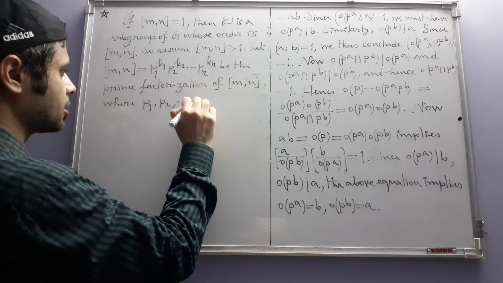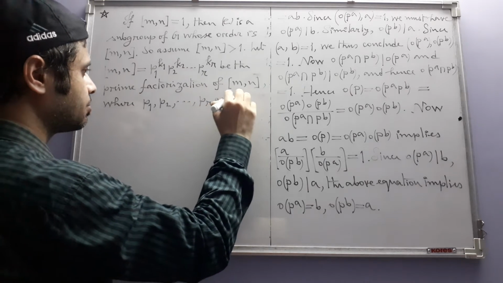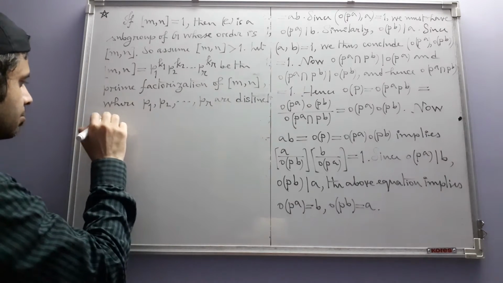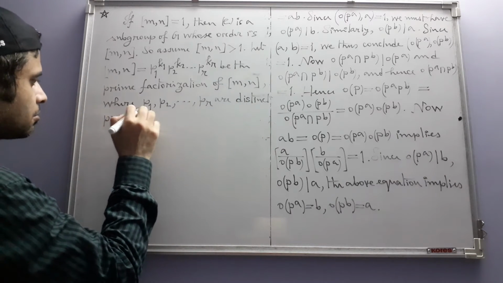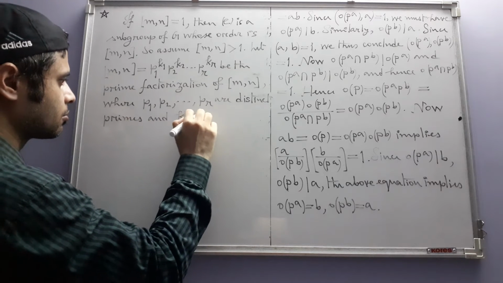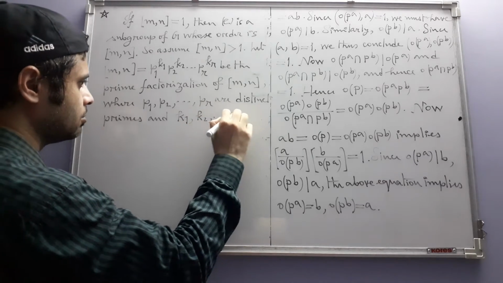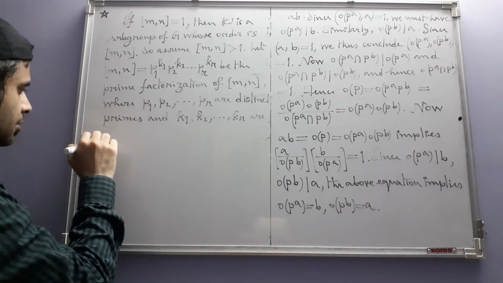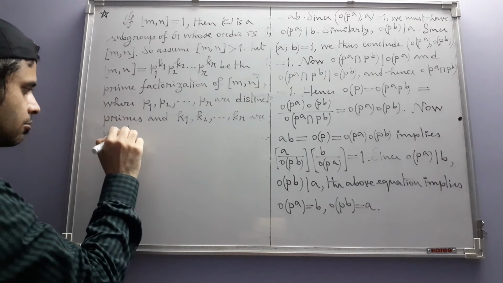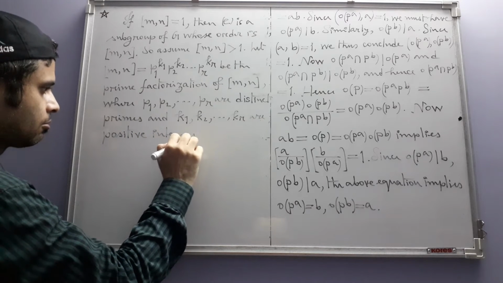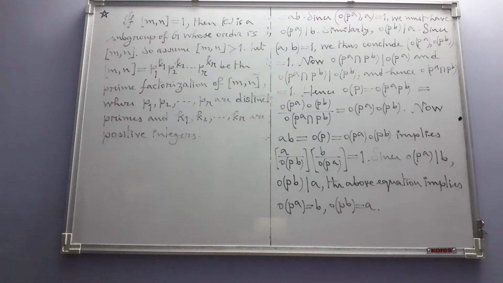where P1, P2, etc. up to PR are distinct primes and K1, K2, etc. up to KR are positive integers. Positive integers because there is no point in taking non-negative integers.